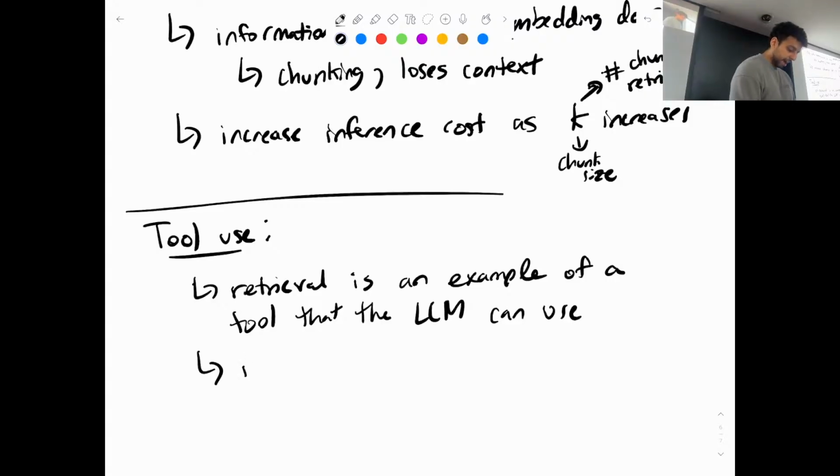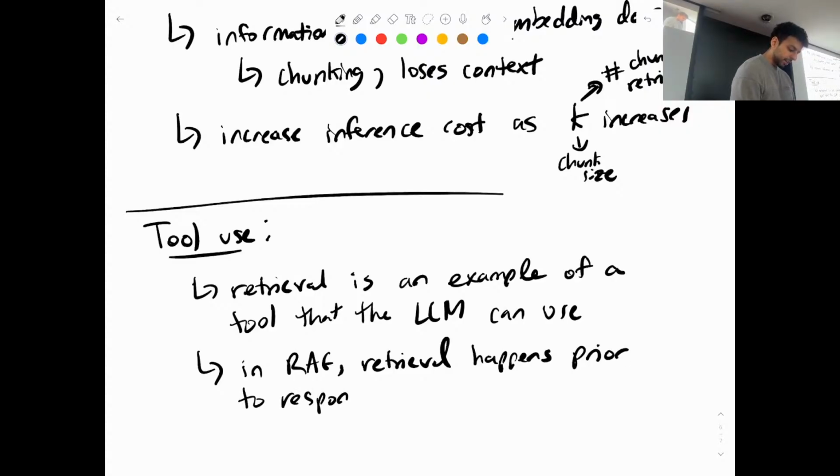So in RAG, retrieval happens prior to response generation. And it only happens one time, right? So you receive the prompt, you perform the retrieval, and then you concatenate all those documents and do your generation.